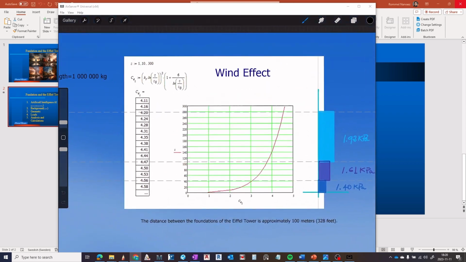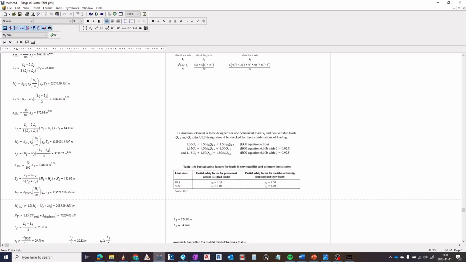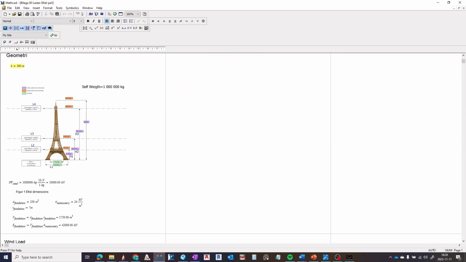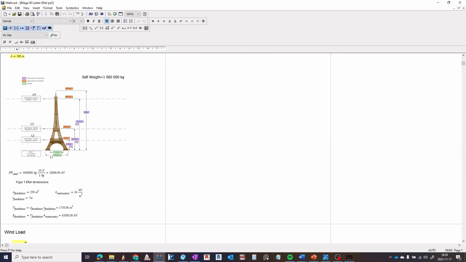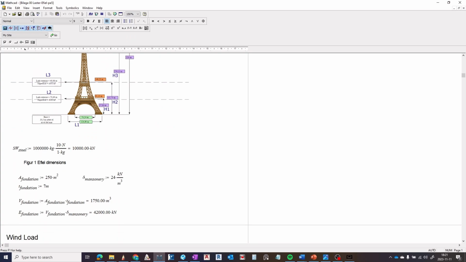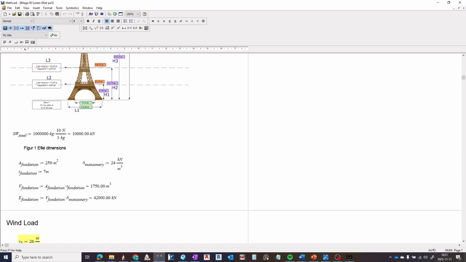To get into the wind loads, I have a sheet here, and I show you the first considerations about that. The geometry, as I have gone through, we have here the self weight. I translate this to kilonewtons, and the dimensions of the foundation.